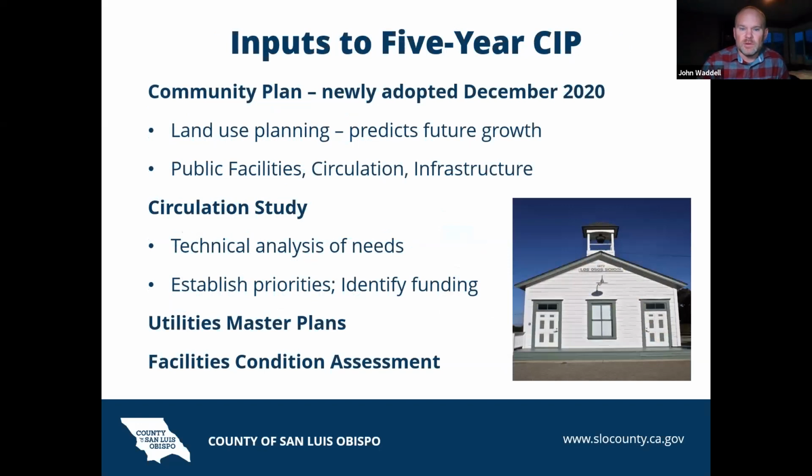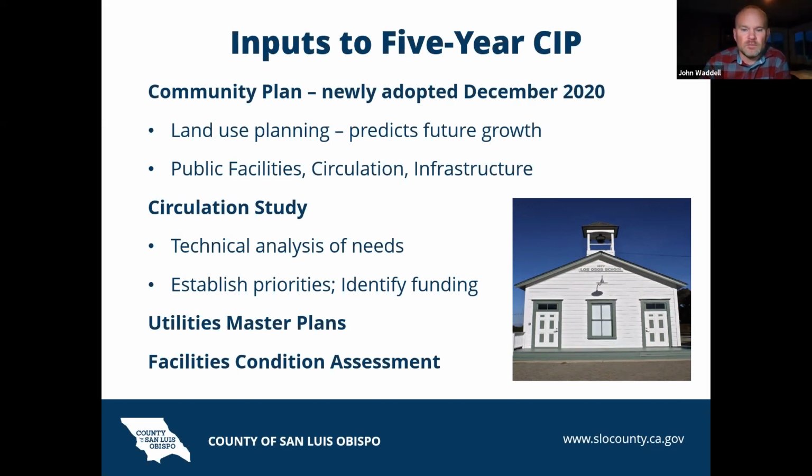So, getting down into more detail, some of the specific inputs to the 5-year CIP. The community plan is one, especially recently in Los Osos, just adopted in December. The community plan establishes land use, or in other words, development priorities, which then drive the need for public facilities, such as schools and parks, and also circulation.